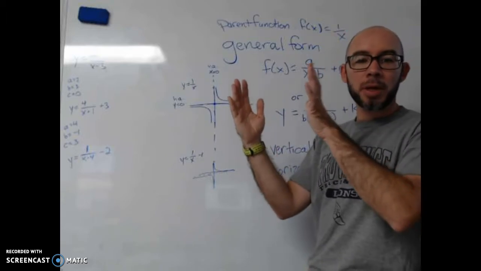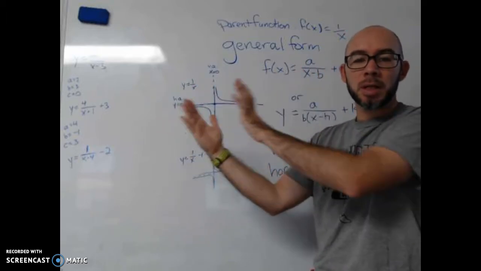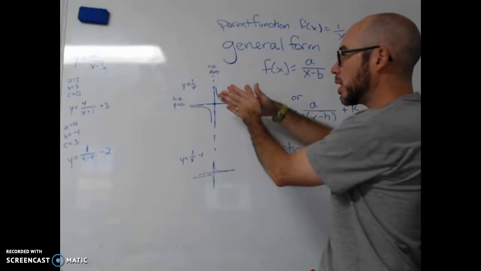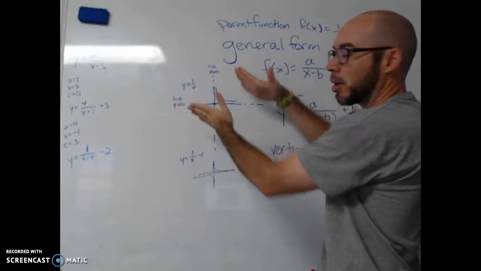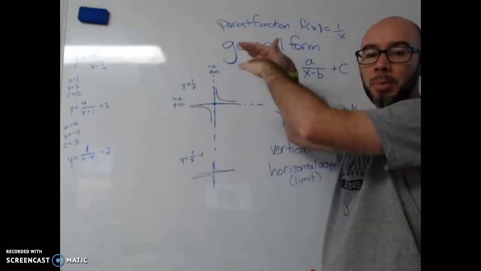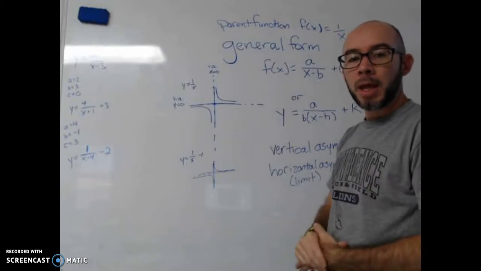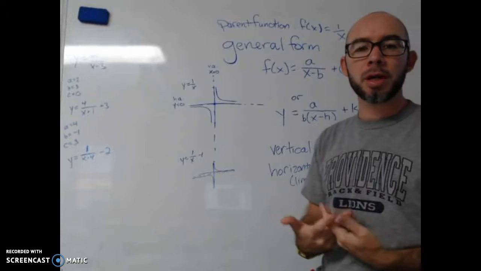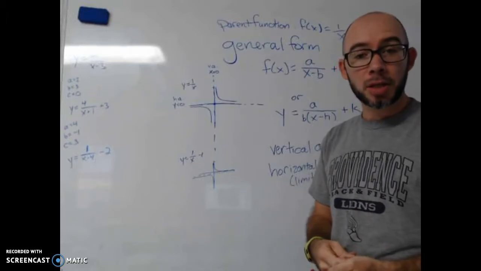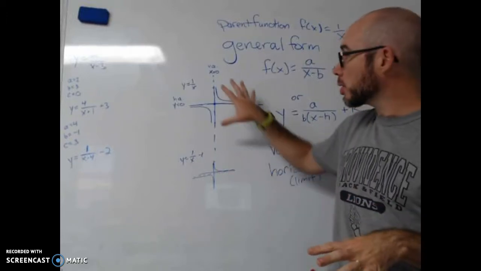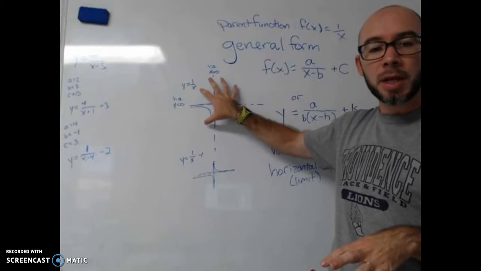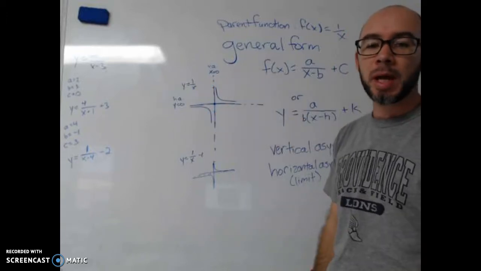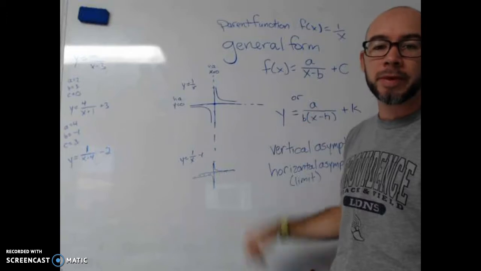That's going to take that picture and move the whole picture maybe to the left or to the right, or change the stretchiness of that curve, or move it up or down. And what we want to take care of is the general characteristics of that shape, that all the things that were true of that parent function then shift in a certain way that goes along with what we've done to the whole picture.